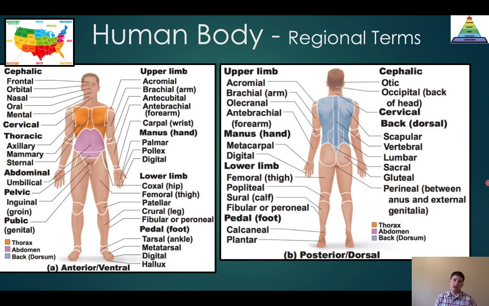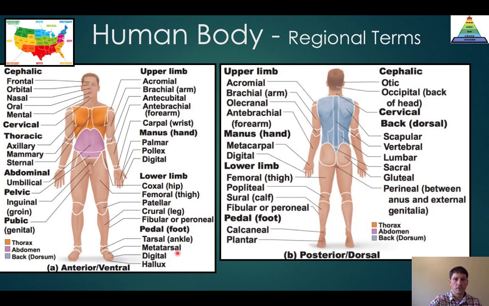So here we have a human body broken into regions. Just like we have the United States broken into regions, we will break our body into regions. Now, a lot of the more common ones are going to be the ones that you're going to be expected to know. So you're going to learn about a hallux in lab.